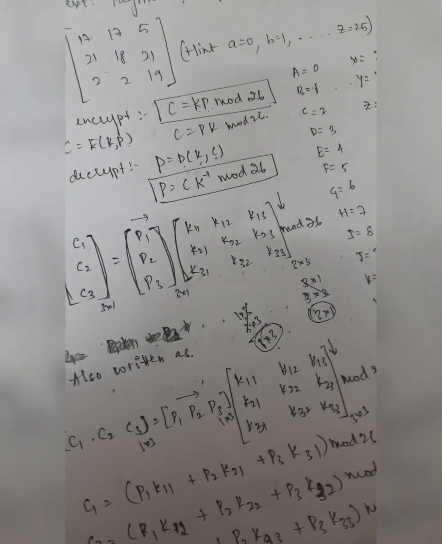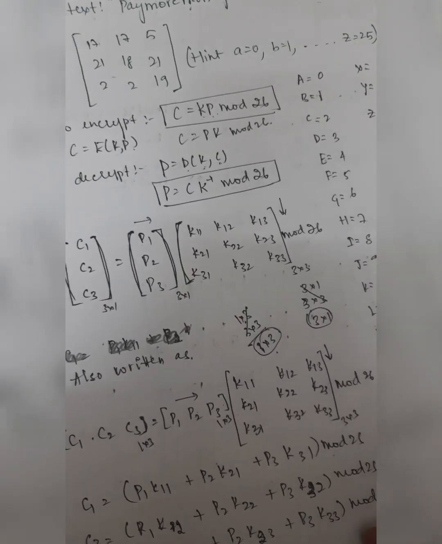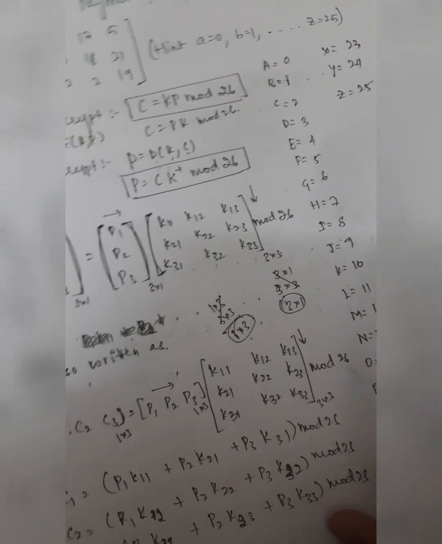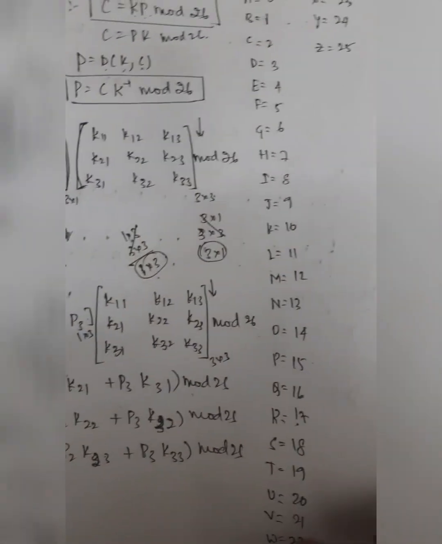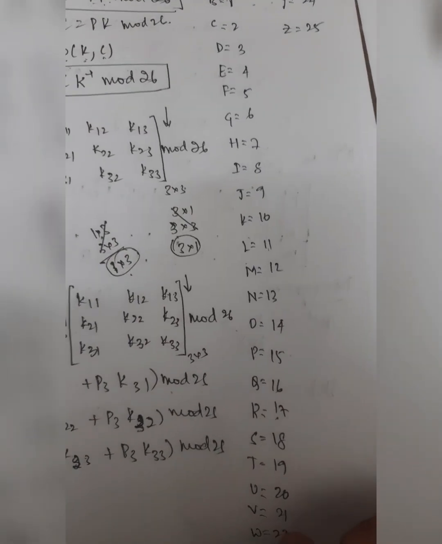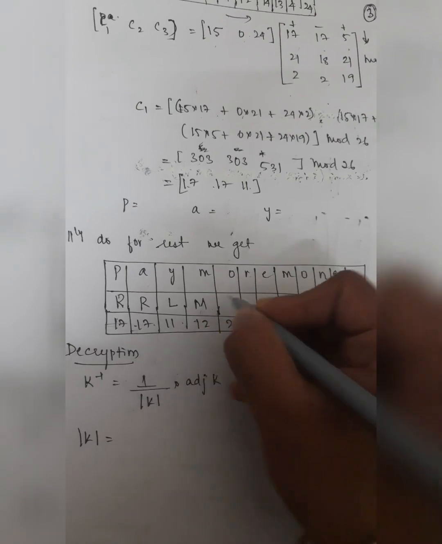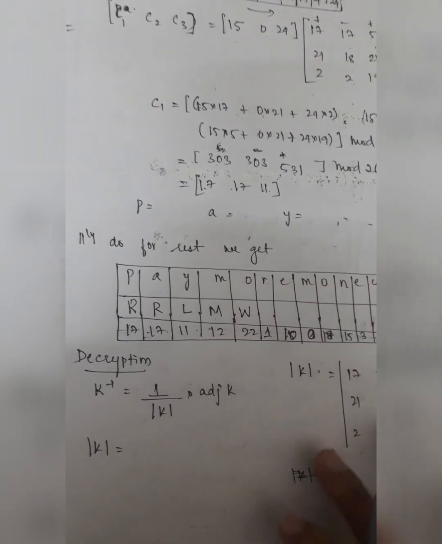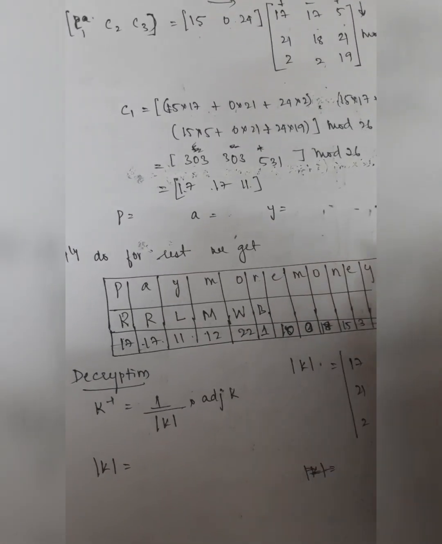What is 12? 12 is nothing but your M. 22 is nothing but your W. See, 12 is M, 22 is your W, right? We'll fill here M, W, 1 is your B, 10. What is your alphabet number 10? 10 is K, right?